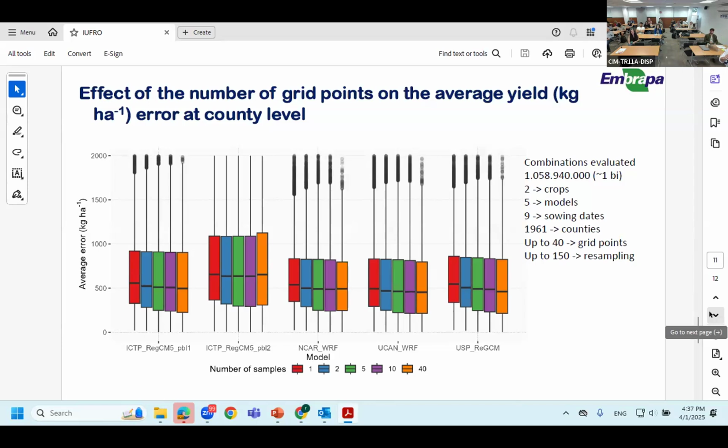And basically, it does, but in any case, if you run with just one grid point, you can see here that the general pattern between the models you could capture as a first look.